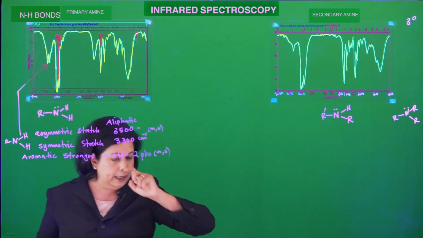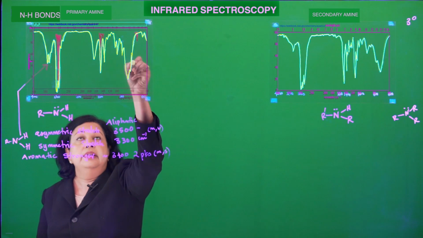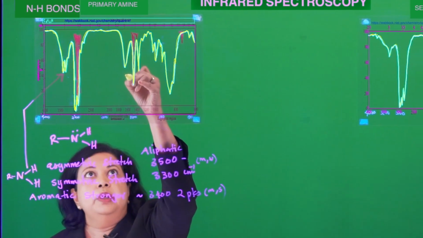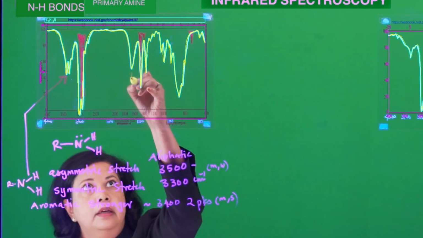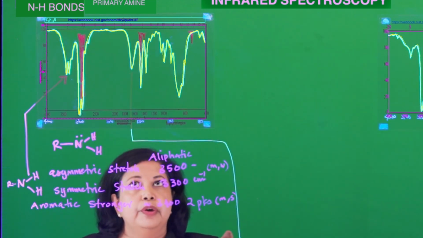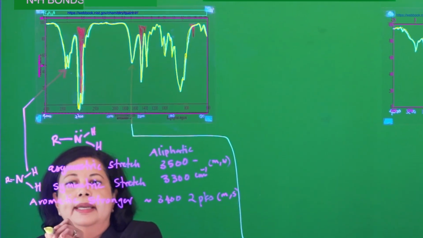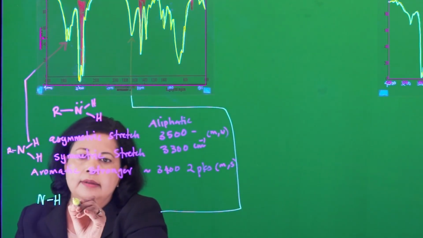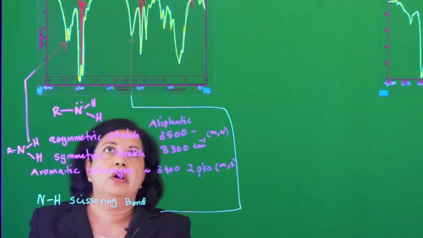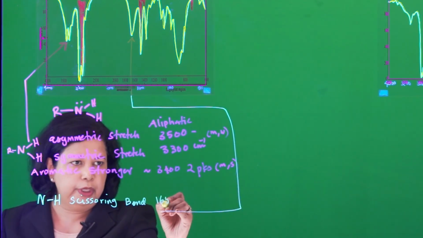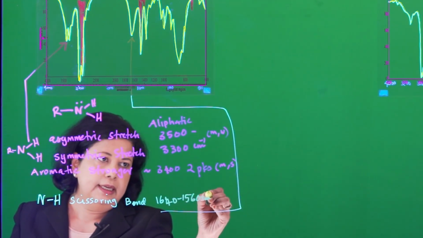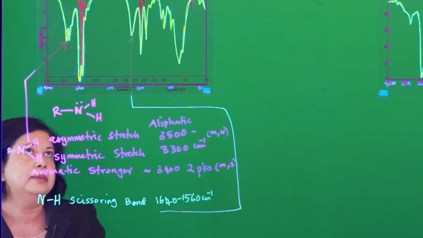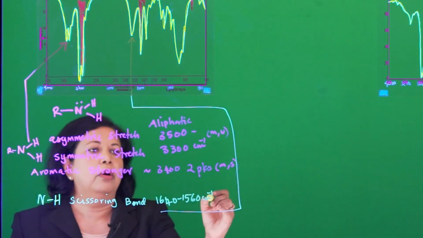What's this one and this one and this one? Over here, we are going to have a peak here for your NH bend, NH scissoring bend. And that's medium. It's about 1640 to 1560, and it's medium, but tends to be a little broad.